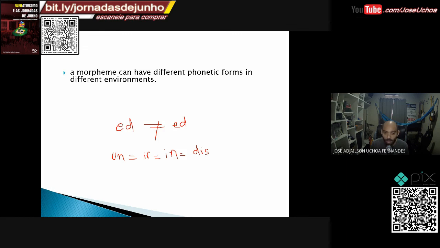In other words, by next class, we are going to discuss that it's not a matter of writing, it's not a matter of spelling, it's not a matter of sound, it's a matter of semantic function. Okay? So I'll leave you to next class. And this property here, just as a teaser, is called allomorphy.